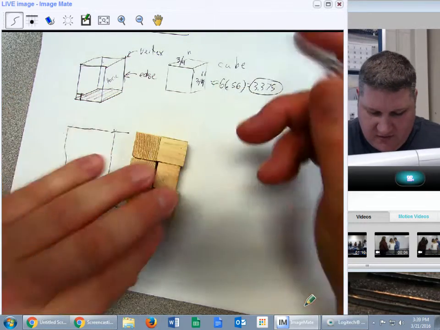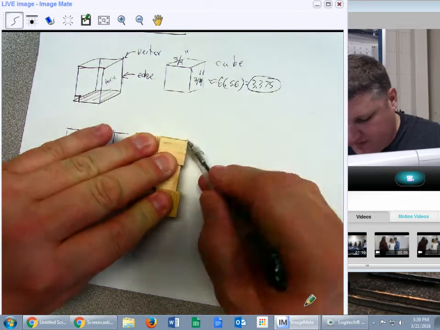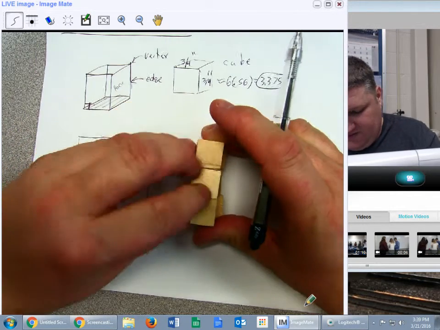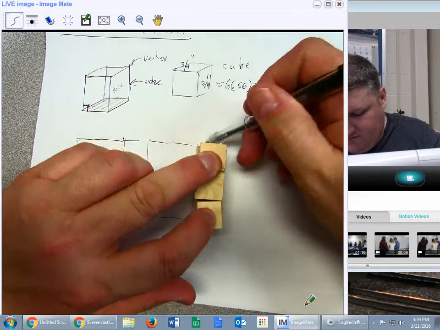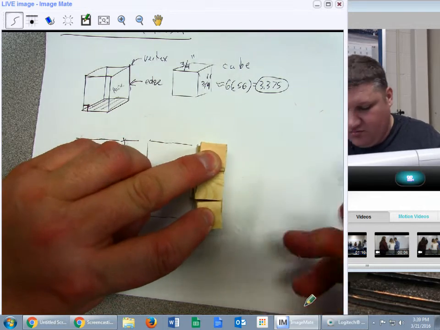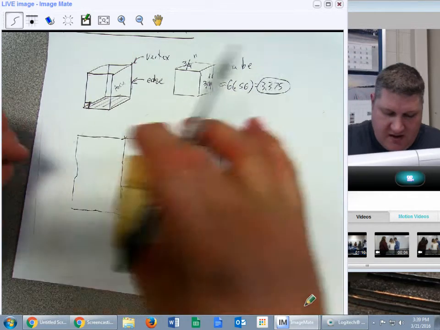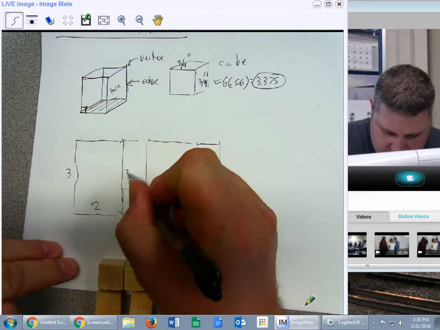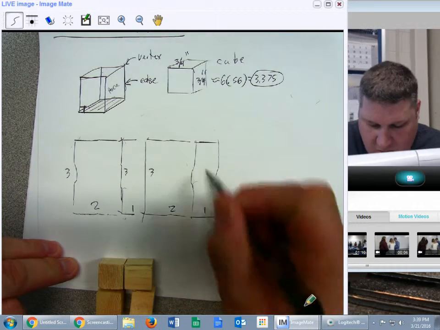We also know now that we have a face that's this big, and we have a face that is this big. So what I can do is I can unroll it in essence. And in this case, it's going to be 2 by 3, 1 by 3, 2 by 3, 1 by 3.